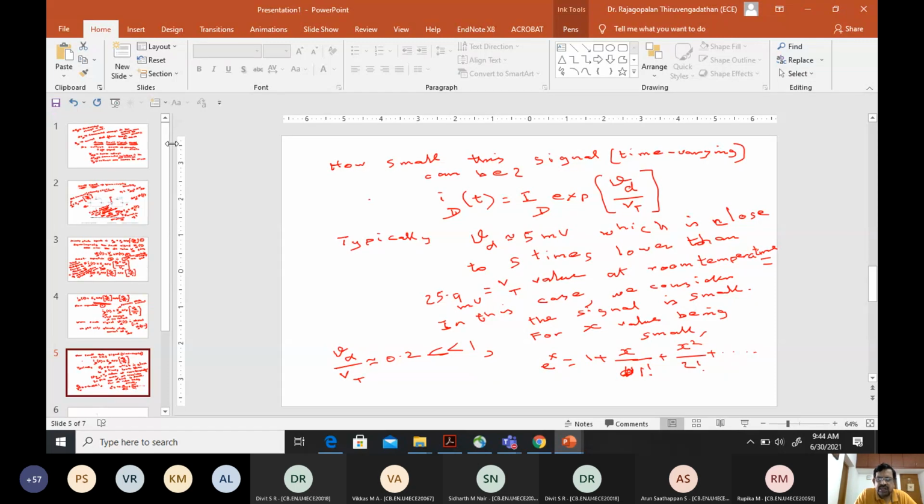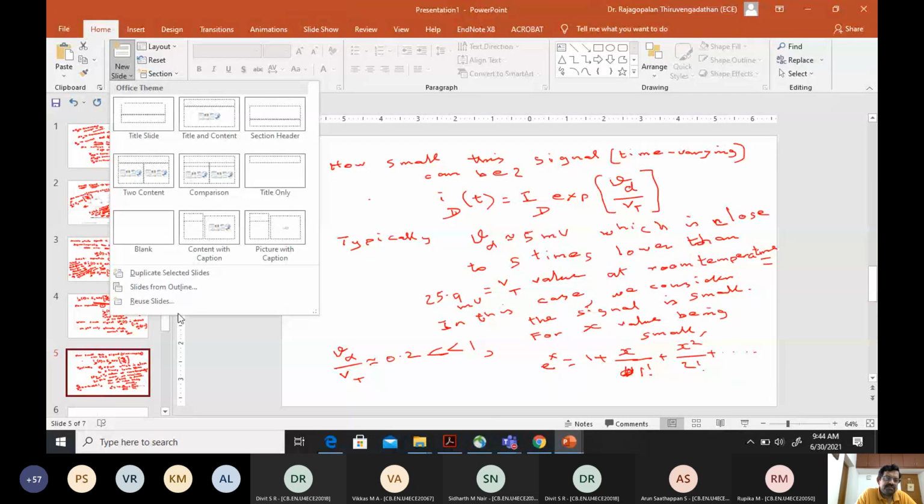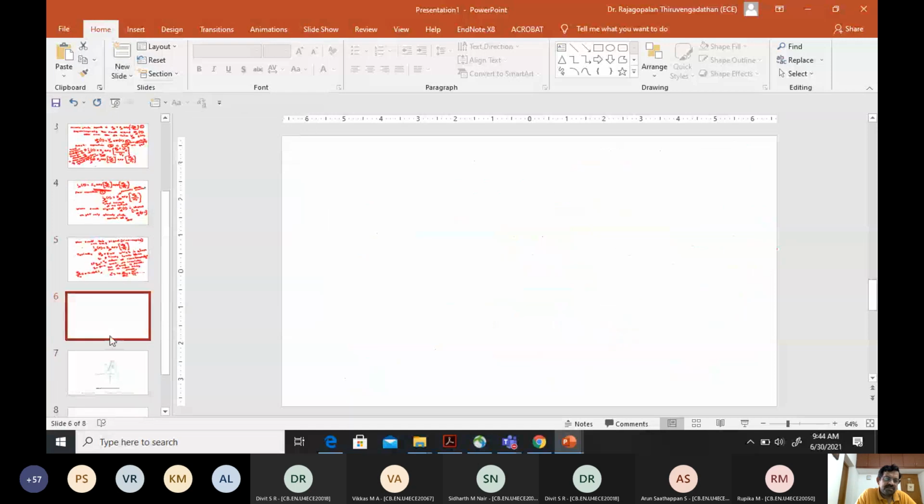So what is that small signal resistance? That is what we are going to see. The definition of small signal value I have already told you. Now our next aim is to define that small signal resistance.